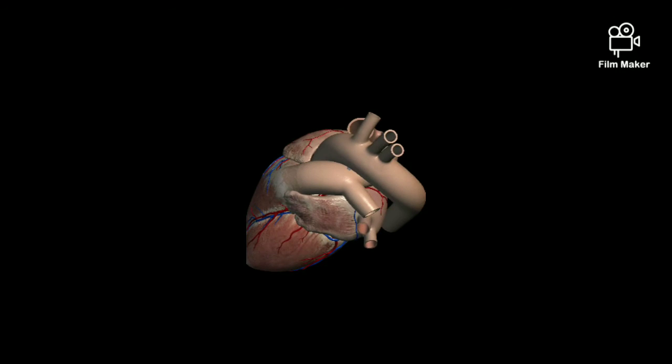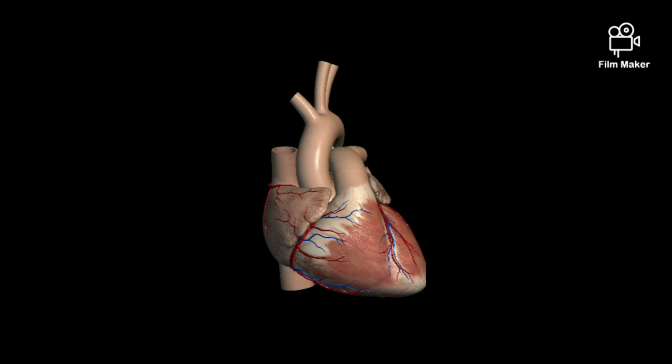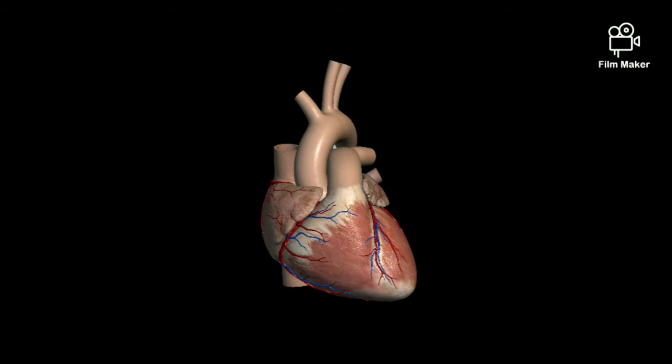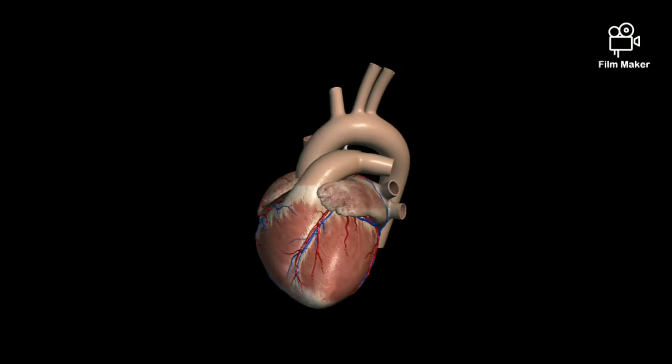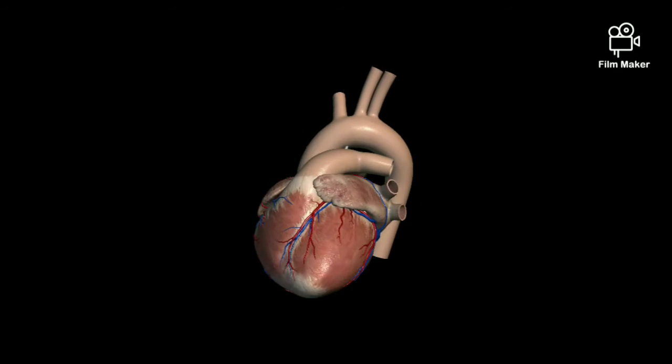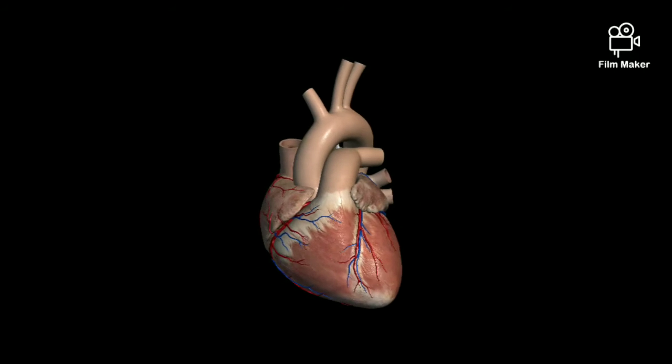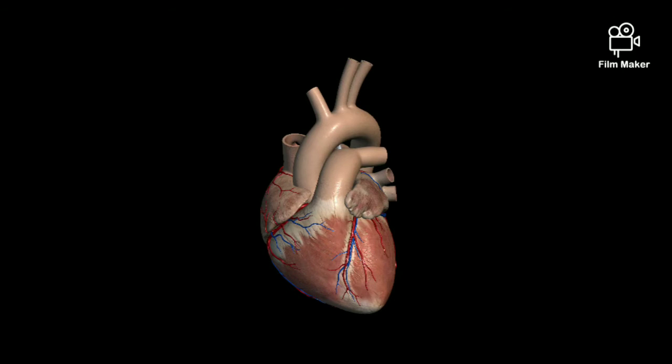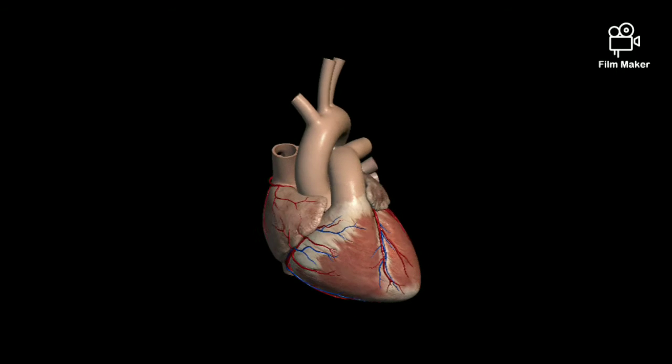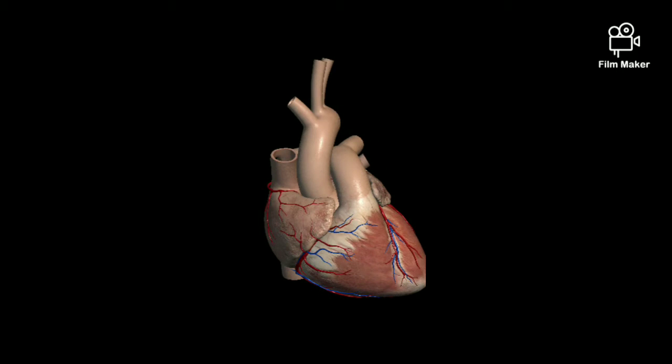Okay, and next we discuss the sulci of the heart. The heart is a hollow structure, and on the anterior surface it is divided into 4 chambers. You know these are the right atrium, left atrium, right ventricle, and left ventricle. And these divisions create grooves on the surface of the heart, and these are known as sulci.